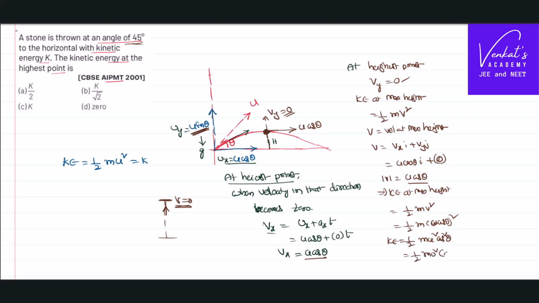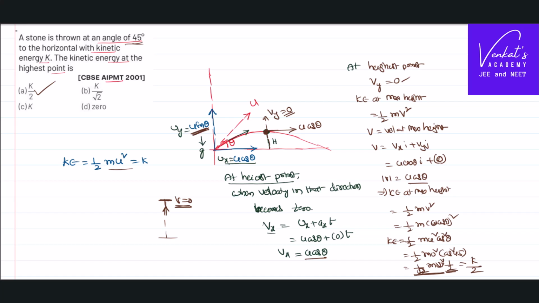Half m u square cos square 45. You know cos 45 is 1 by root 2. So half m u square times 1 by root 2 whole square, which is 1 by 2. But half m u square is already the initial kinetic energy K. So what we get is K by 2. At the maximum height, its kinetic energy is K by 2.